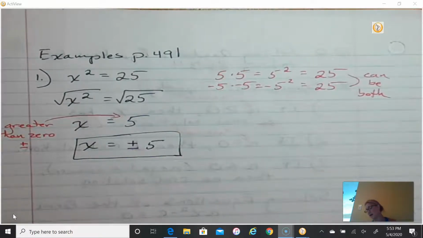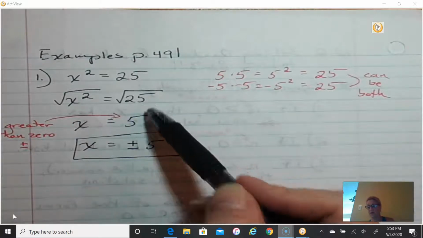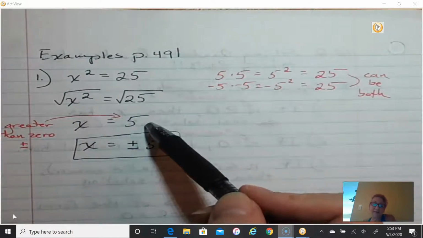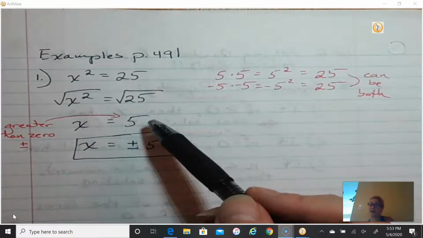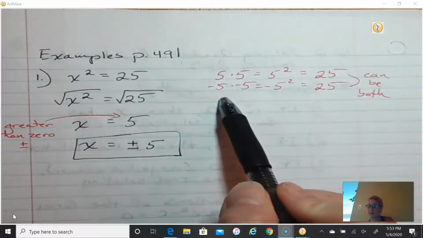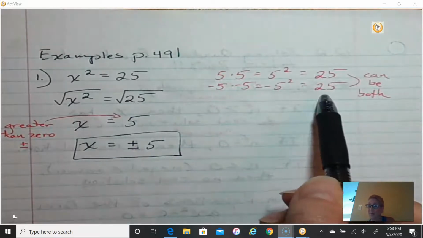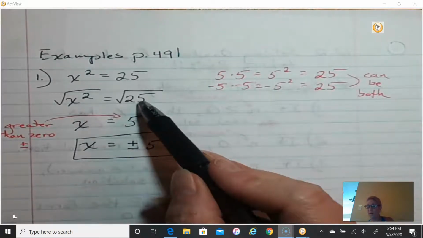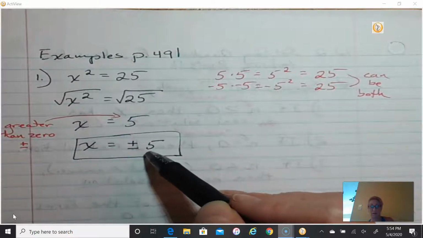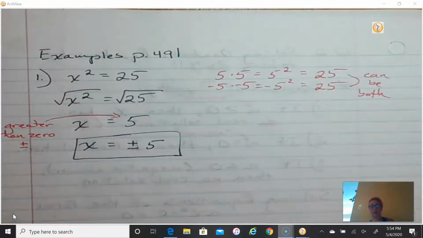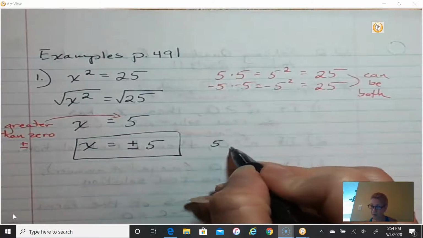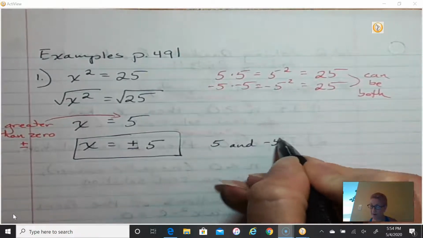Y'all have always, up until now, thought that the square root of 25 is just 5. And in essence, it is. But in reality, if you notice, negative 5 times negative 5 is 25, positive 25. Therefore, the actual answer is positive and negative 5. Positive 5 and negative 5.